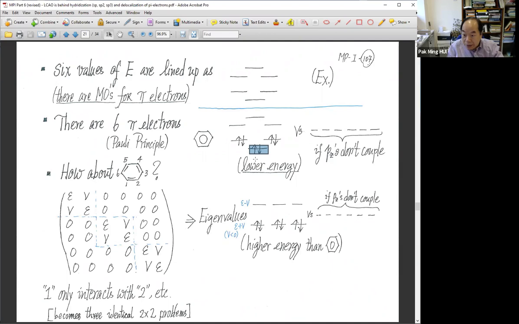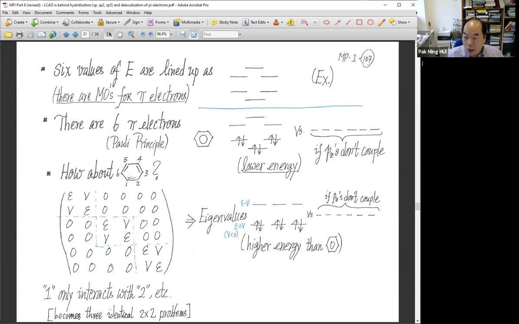For this particular MO, the lowest 2 electrons really spread out, because it is a linear combination with the same coefficient among the 6. So they will spend equal probability weighting among the 6 carbon atoms, and that is why we have this circle.